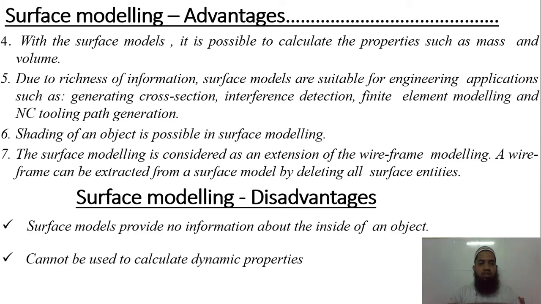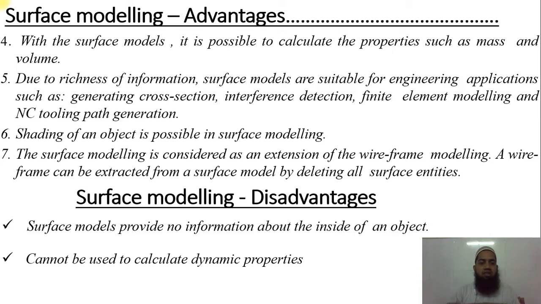It has two disadvantages also. The first disadvantage: a surface model provides no information about the inside of an object. What is there inside the object? There is no information, only the surface information is provided by surface modeling, which is the outer side of the object. It is always related to the surface, not the inside of the surface.